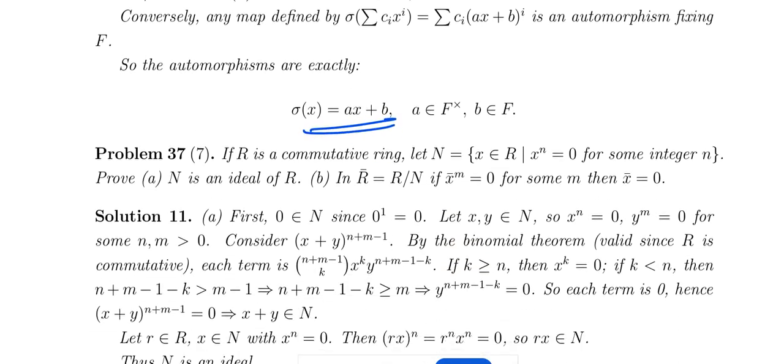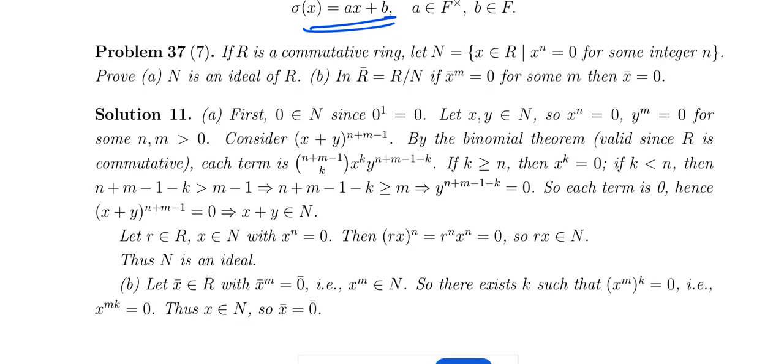And another one: R is a commutative ring. Let N equal the set of x belonging to R such that x power n equals 0 for some integer n.